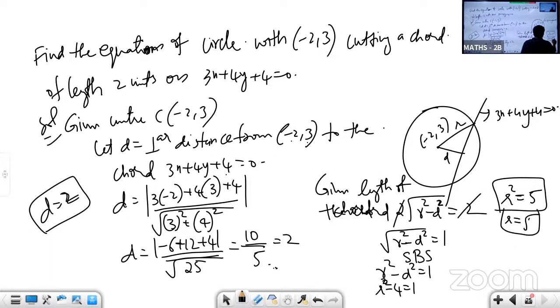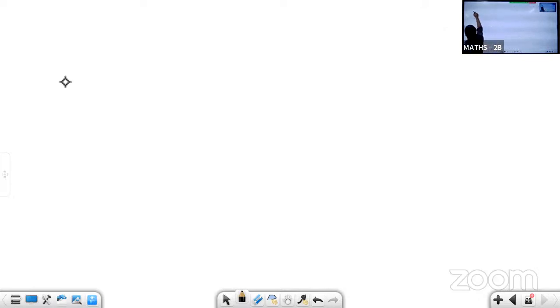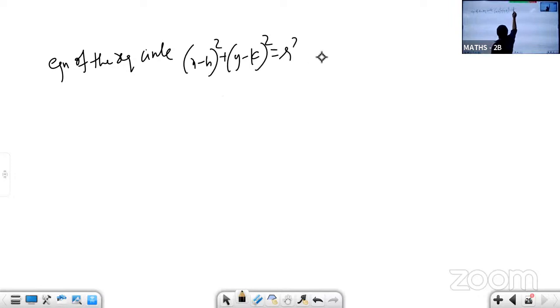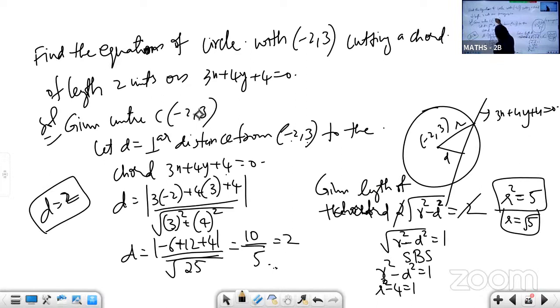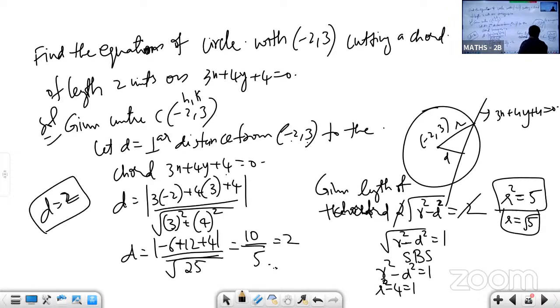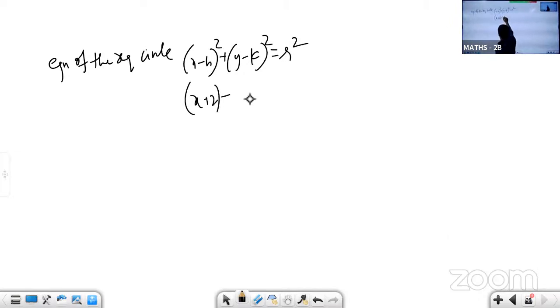But anyway, the equation of the circle, how are we going to find it? Therefore, the equation of the required circle is x minus h whole square plus y minus k whole square equal to R square. What was the center given? This is your h comma k, minus 2 comma 3, and radius R is root 5, but R square is 5. Is it clear? Minus 2 comma 3, no? Then this becomes x plus 2 whole square plus y minus 3 whole square equal to 5.